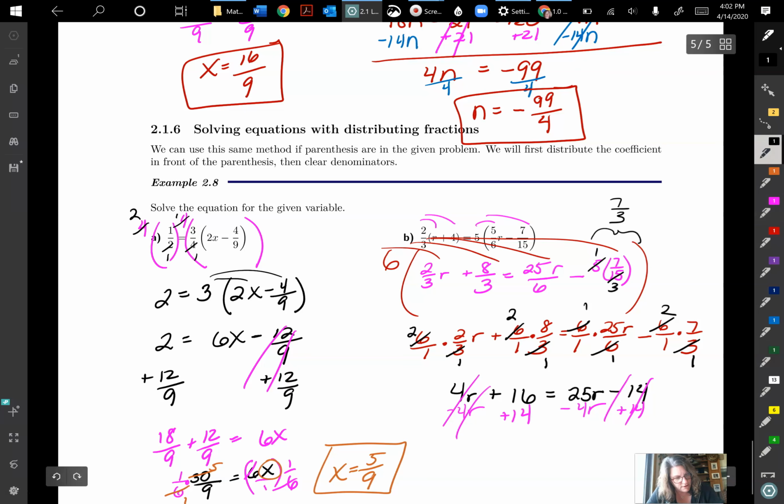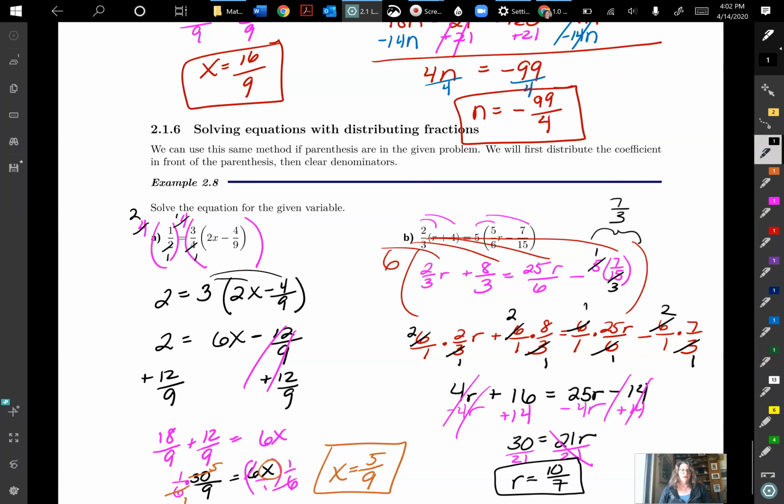So then I have 30 equals 21r. Divide both sides by 21. And then I end up with r equals 30/21, but I want to reduce. Divide top and bottom by 3, and I get 10/7. And that's your final answer for that problem.